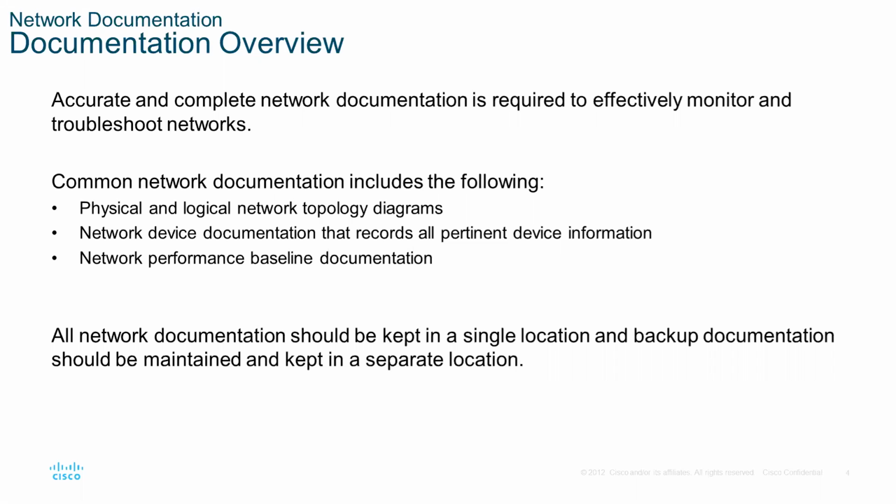Next, we'll look at how important it is for us to have a very robust baseline document. This will give us a good understanding of the true performance of our network over a period of time.